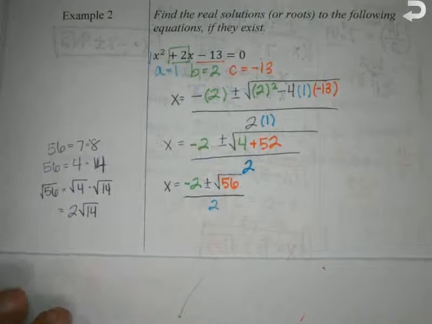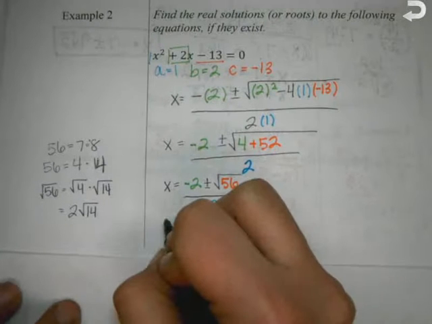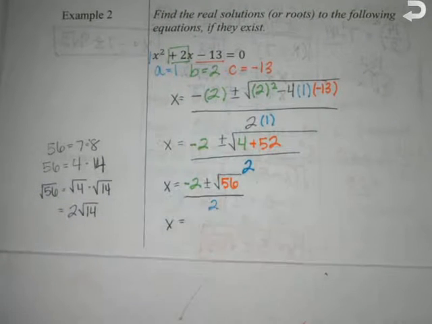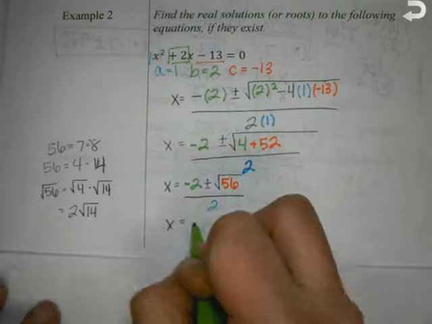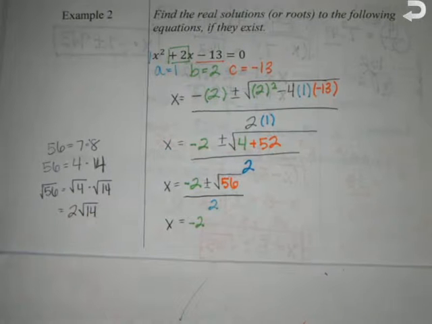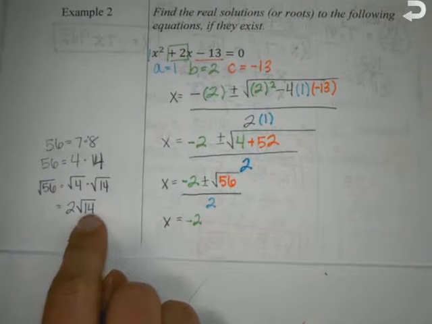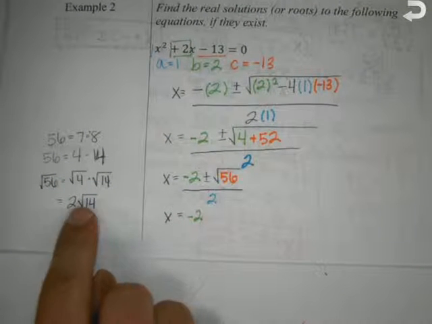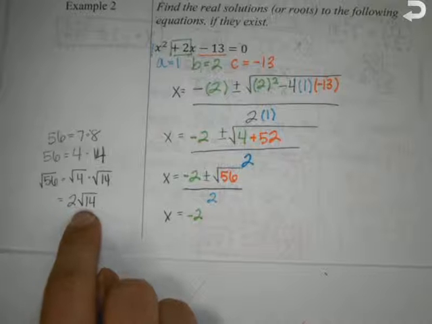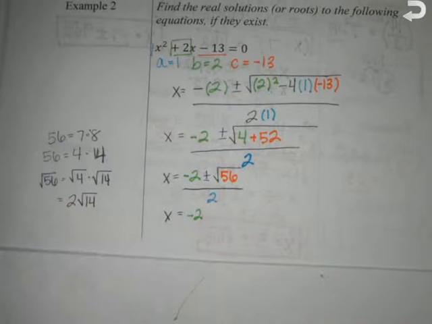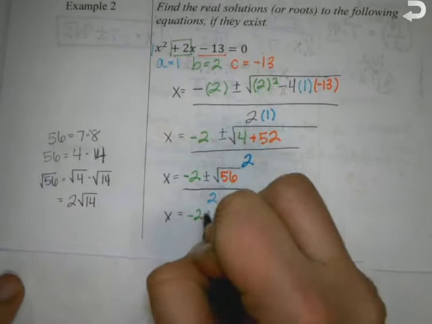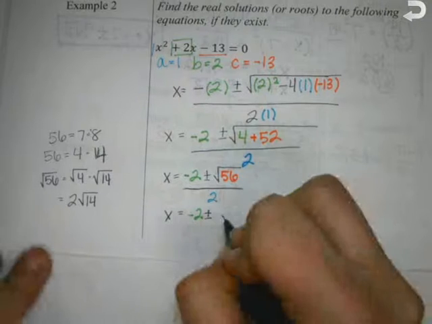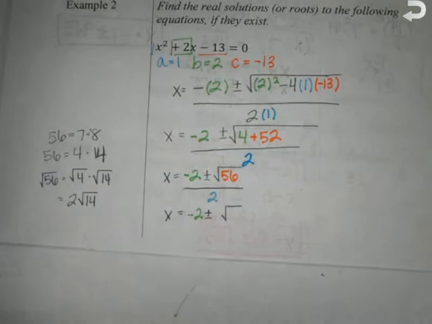Wait, isn't 14 square? Because that was part of 7 times 7 is 49. 4 times 4. 4 times 4 is 16. Okay, so this is negative 2 plus or minus 2 root 14 all over 2. Can't those cancel out?